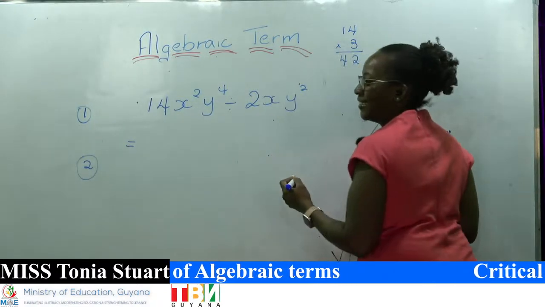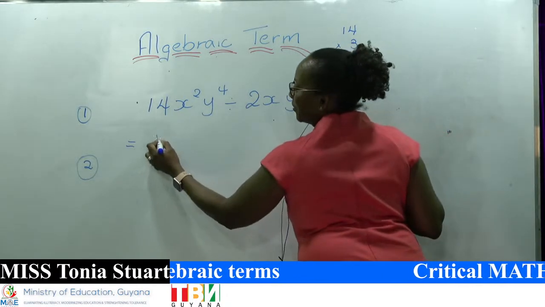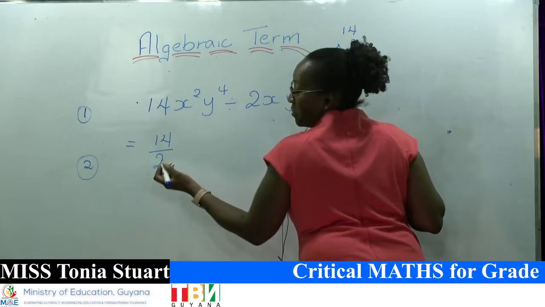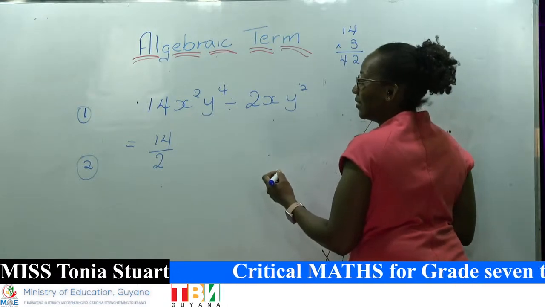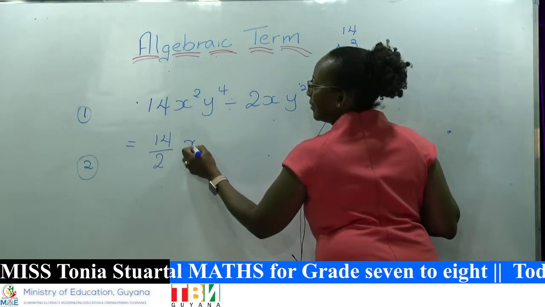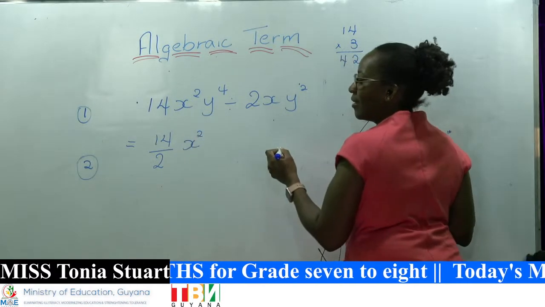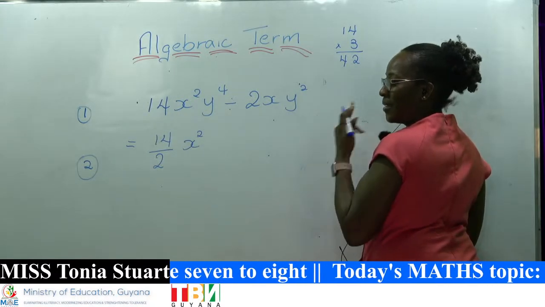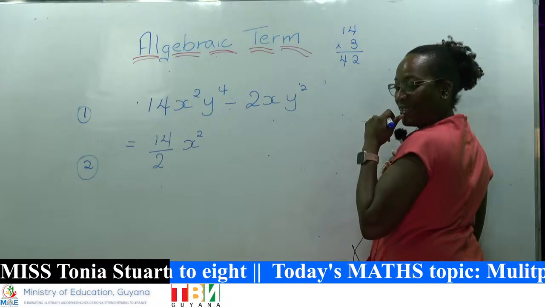What do I write? 14 divided by 2, or we say over 2. And x to the 2nd power, divided by x. What do we do with the power when we're dividing?